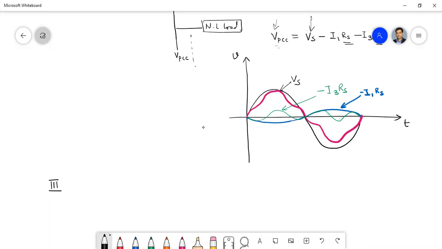Now, when we studied induction motor in the Electrical Machine 2 subject in the second year, second semester, you can recall what you have taken there.